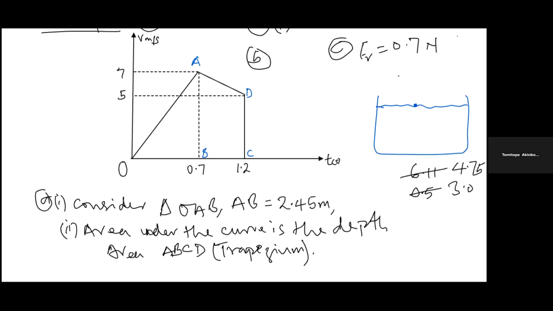Because if you look at it, the question says the stone hit the surface of the liquid at A. So you find the area of the trapezium ABCD. Do that, both of you. So I got 3. Exactly.